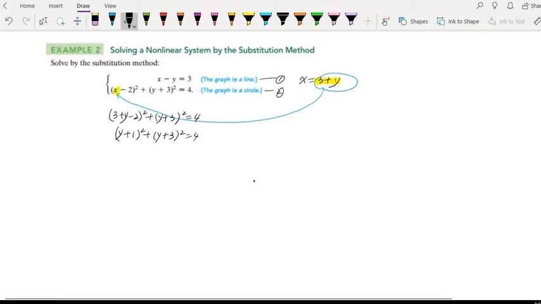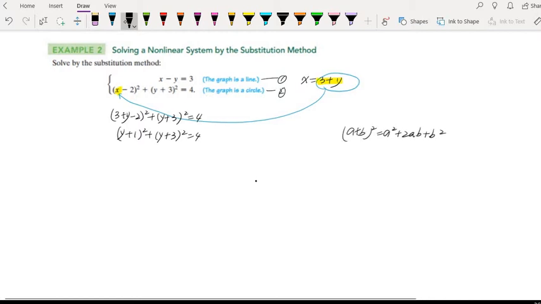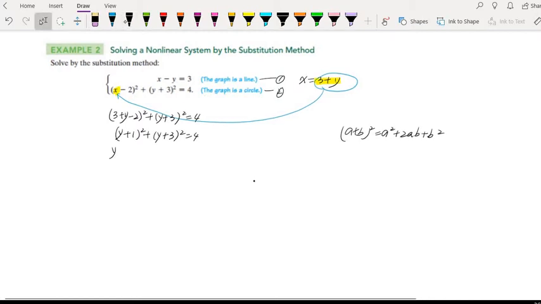The next step, we're just going to use the formula (a plus b) squared equals a squared plus 2ab plus b squared. In this case, we have y squared plus 2y plus 1. Again, you can do the full method, that's fine too. Then we add the second part, y squared plus 6y plus 9 equals 4.